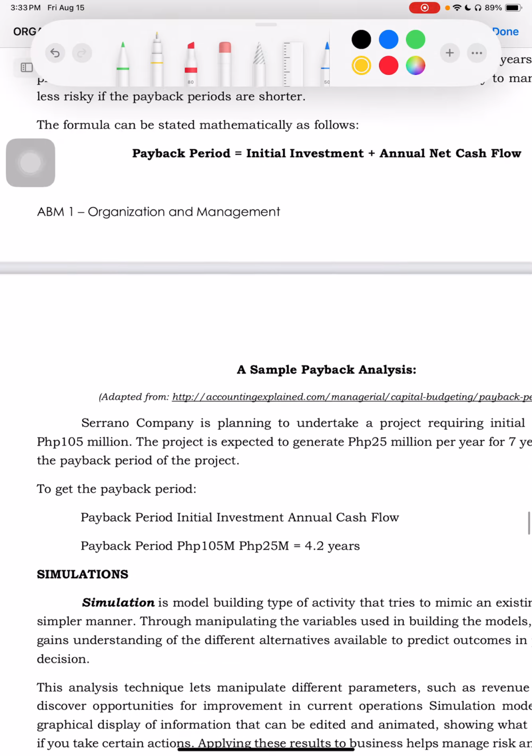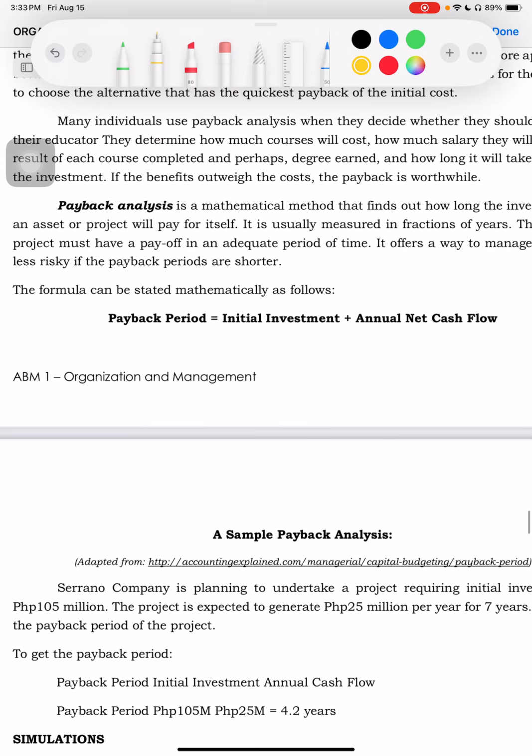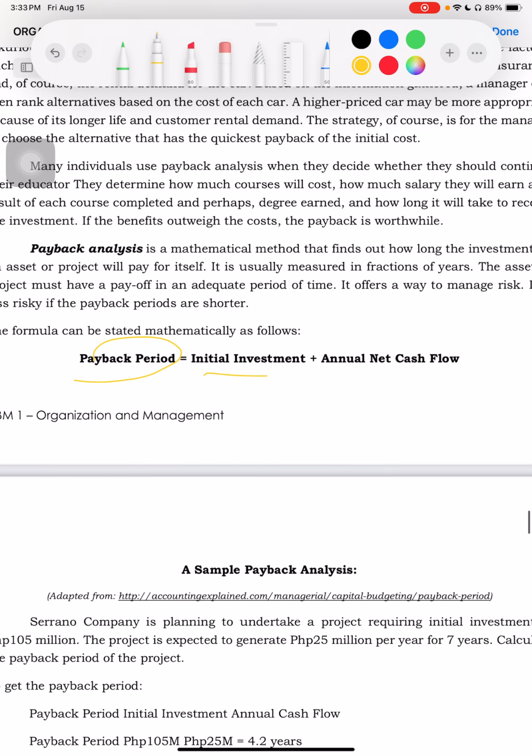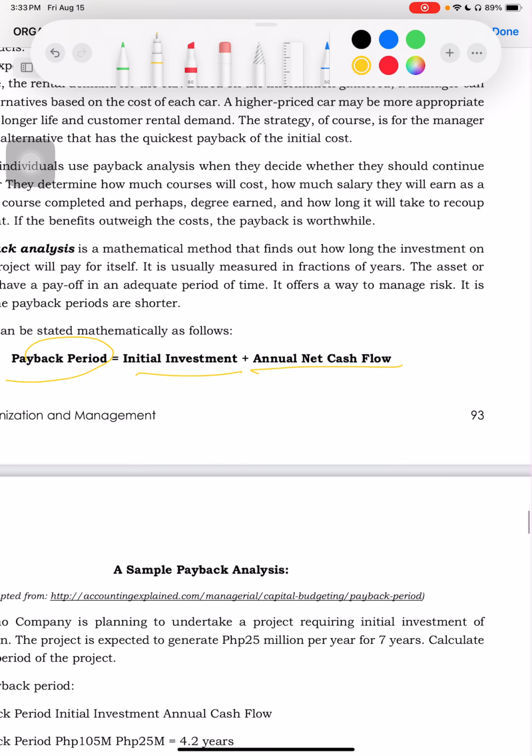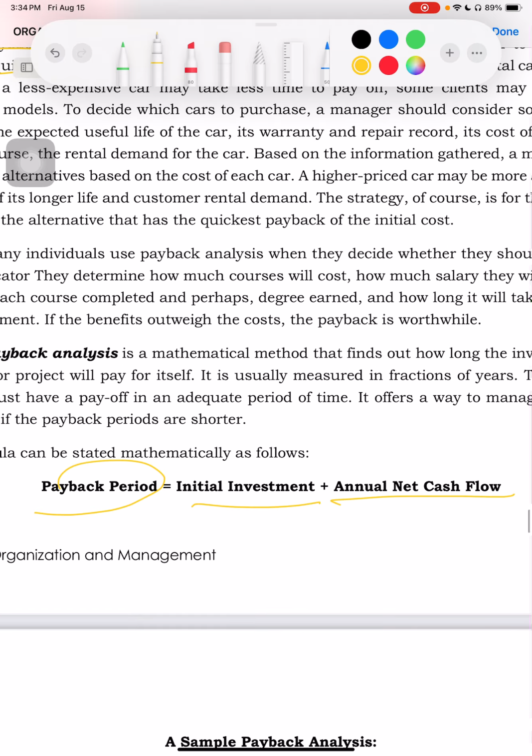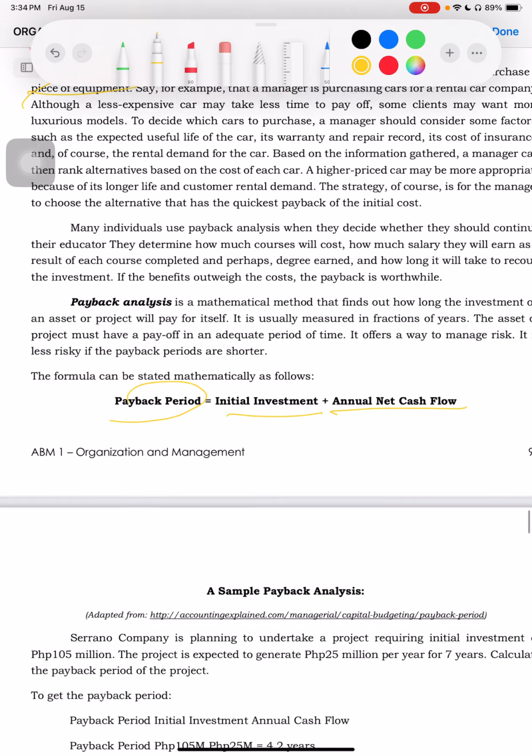So, for example, the payback period is the investment divided by annual net cash flow. Na ba kay return on investment, ROI? Return on investment: if you purchase certain equipment and machineries, pila yung balik nimo? So, of course, you analyze those things, if makabawi ba or dili, kaya ba or dili.